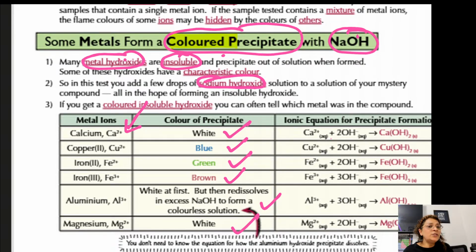Okay, when metal reacts with sodium hydroxide, what do they produce? Metal hydroxide.